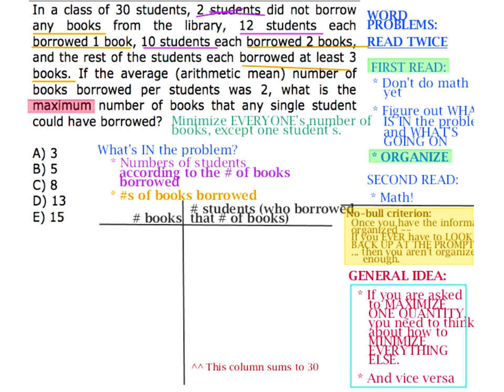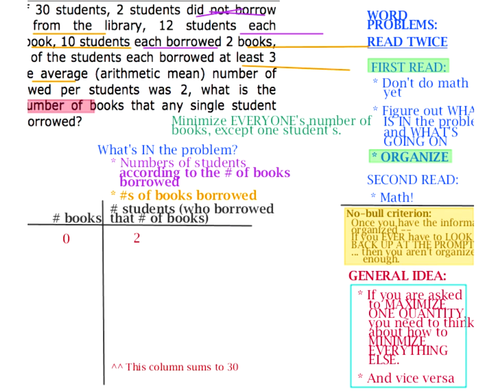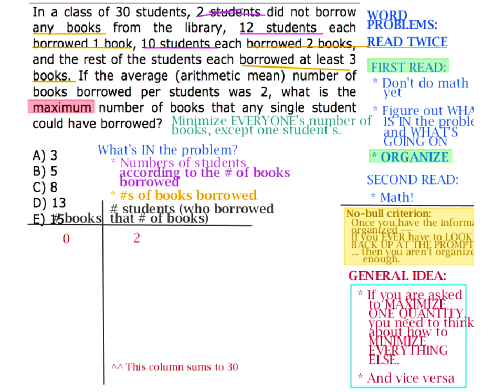Two students did not borrow any books, so this is for 0 books, that's 2 people. And then once I realize what's going on in this problem, I would add another column to my chart, because it's going to be number of books times number of students. If you do the number of books times the number of students per that number, then you're going to get the total.